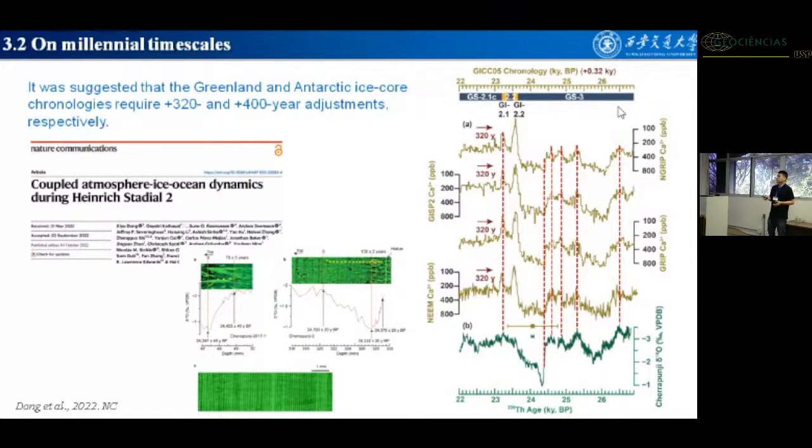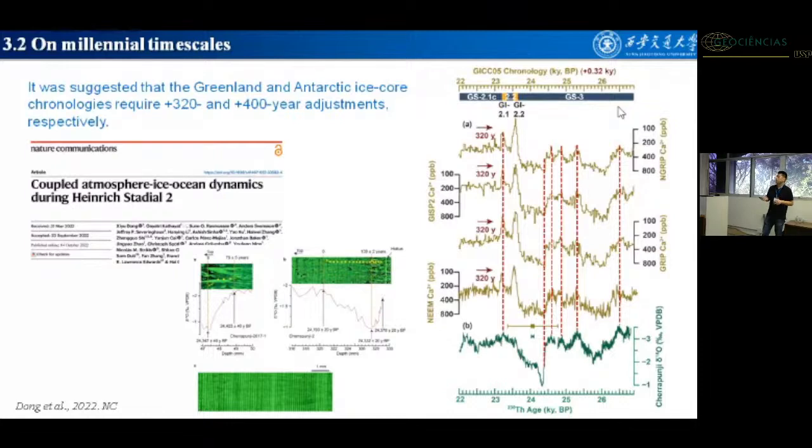When the H2 event occurred, the Northern Hemisphere was cooling and the westerlies moved southward, so the summer monsoon decreased. The westerlies can transfer dust from the Sahara Desert globally in two weeks. So the monsoon intensity can correlate very well with the calcium concentration records without lead or lag time.